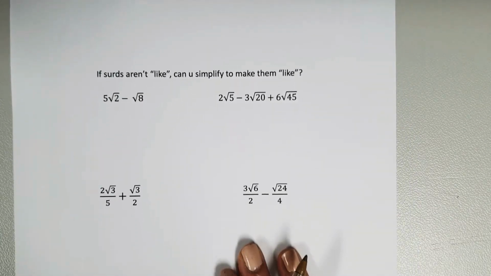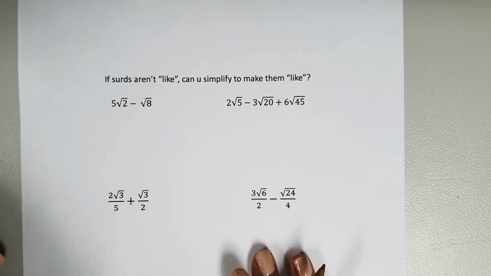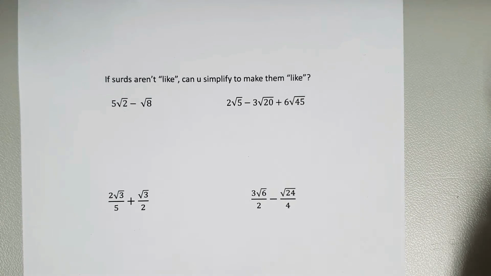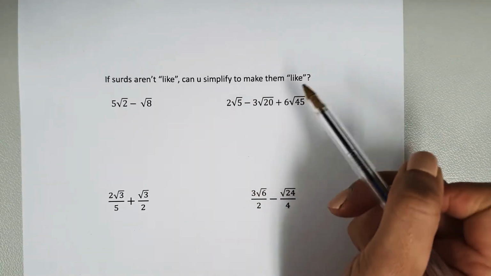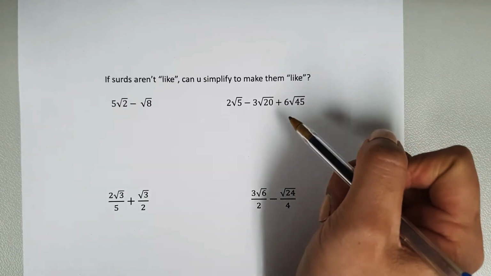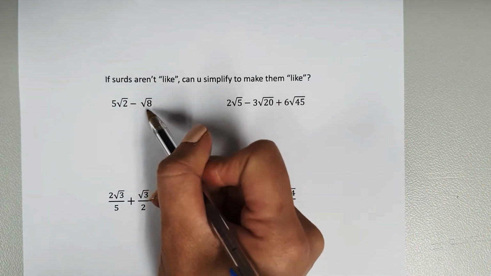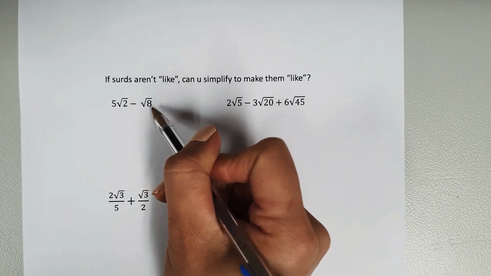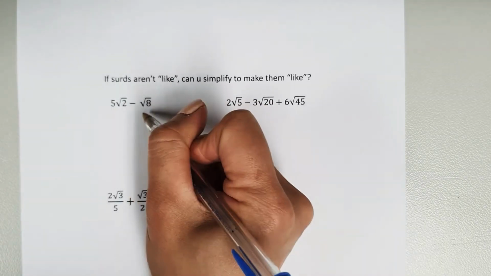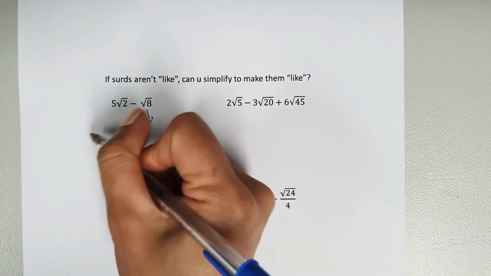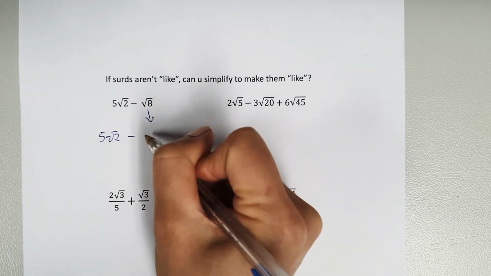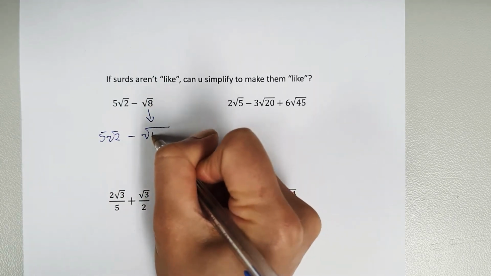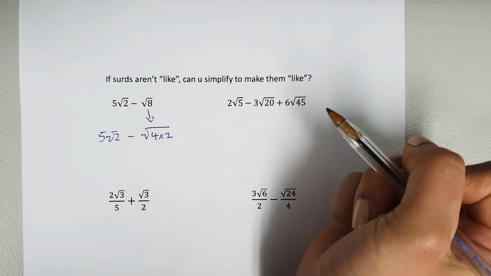Now, what if you have surds that aren't like? Some surds that don't look like they're like surds can be made into like surds. Just from last lesson, we can simplify this root 8 like we did last lesson. So I've got 5 root 2 at the front, and remember root 8 can be written as root 4 times 2.